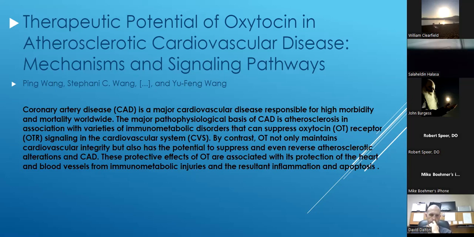Because oxytocin has an antioxidant effect, and because oxytocin helps to decrease those oxidized LDL, and it helps to decrease the circulating LDL itself, then I think oxytocin will be a good option, a good drug to manage atherosclerosis and prevent atherosclerosis as well.